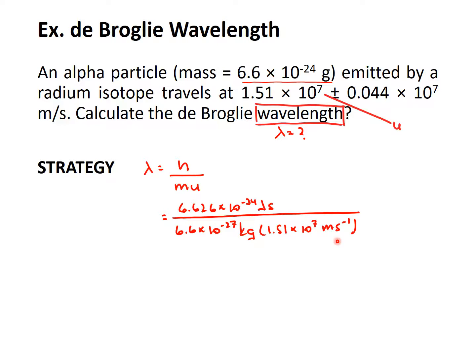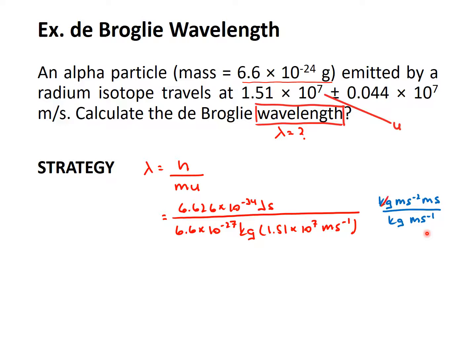Now, before we continue, I'd just like to take a look at the units. So we know that a joule is a Newton meter, and substituting this for SI units, we have kilograms times meters per second squared times meters times seconds. And in the denominator, we have the mass in kilograms, and we have the speed in meters per second.